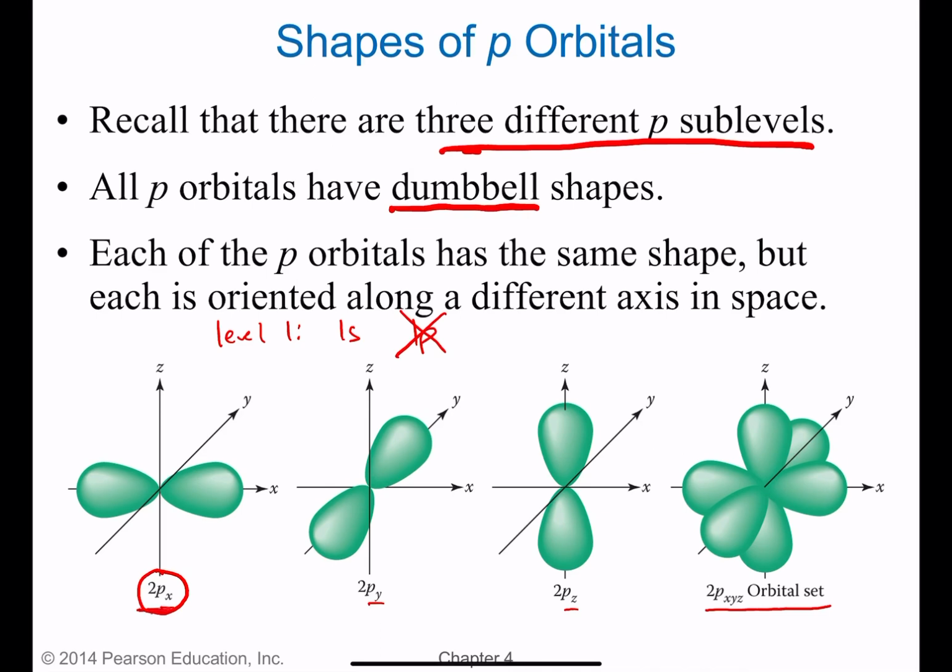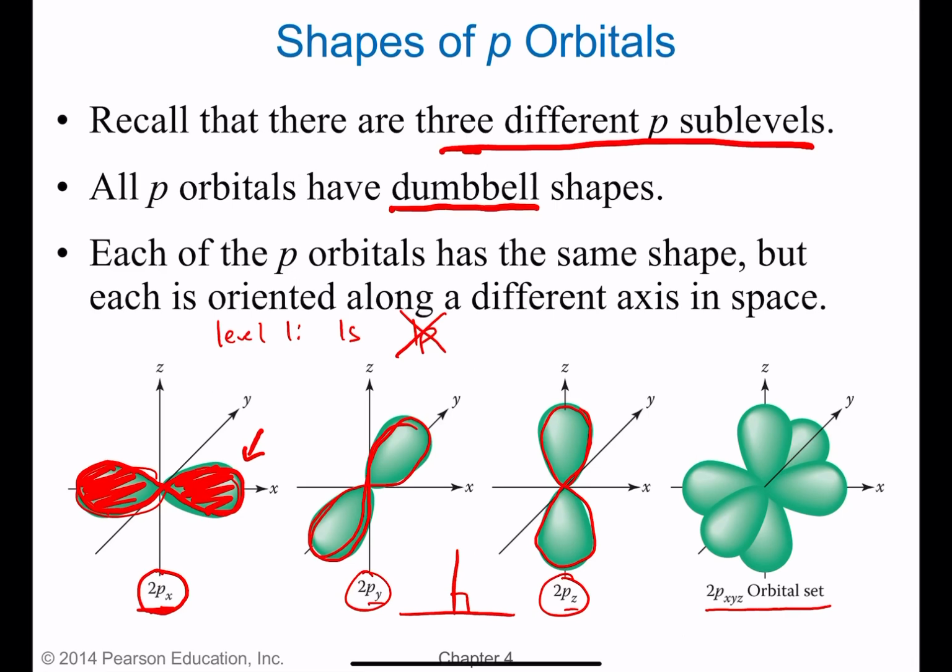So we've jumped up to level 2. But you have one dumbbell shape kind of in the X direction horizontally. You've got another in a direction that is perpendicular, kind of meaning like a 90-degree angle between them. And then in the third dimension, you've got another dumbbell shape in the Z. And this just happens to be their shape. We're not saying that this is an orbital and this is an orbital. That is their shape. Their shape is this double lobe dumbbell shape thing.